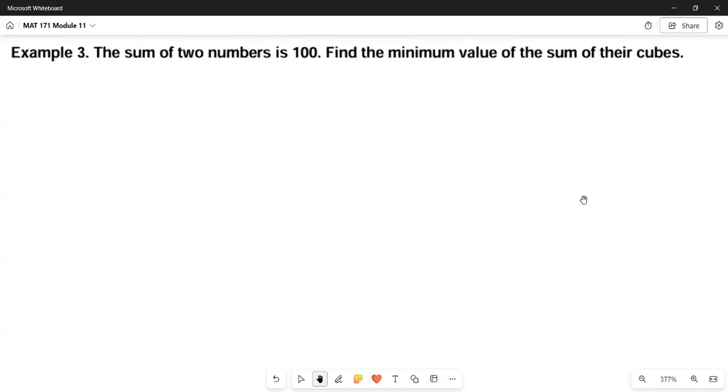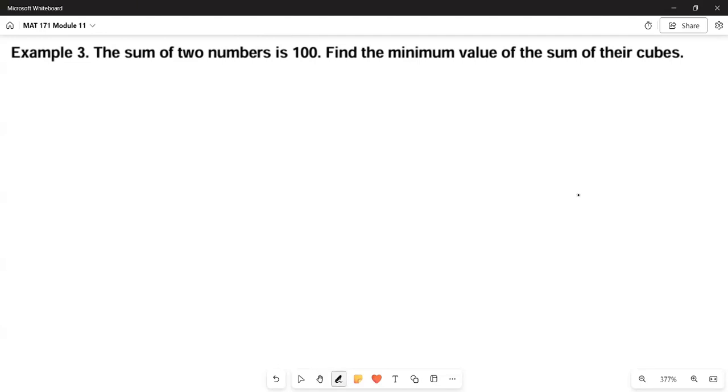Ayan. So we have your example number 3. The sum of the two numbers is 100. Find the minimum value of the sum of their cubes. So as you can see, nagkaroon na tayo ng term na minimum. So therefore, magkakaroon tayo ng differentiation later sa ating solution. Okay, first is what is the unknown?